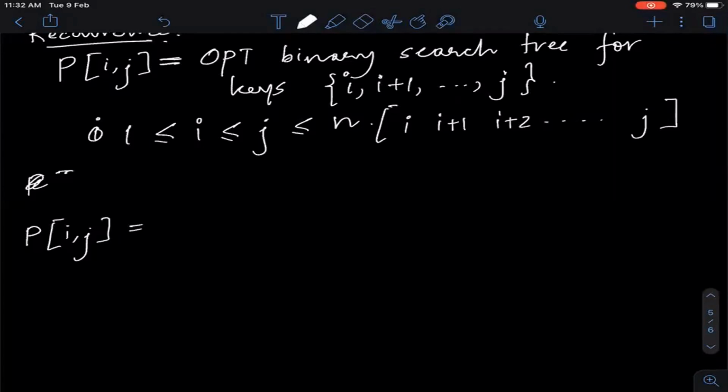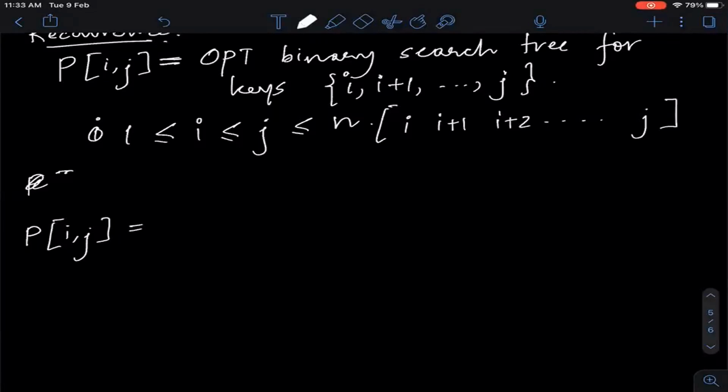Okay, so let's do it slowly. Remember, I was able to boil down the possibilities of the optimal solution to only a few cases. Not as few as the previous things that we did, not 2 or 3 subcases. But if I'm trying to solve the subproblem which has the keys i to j, how many possibilities will there be for what an optimal solution looks like?